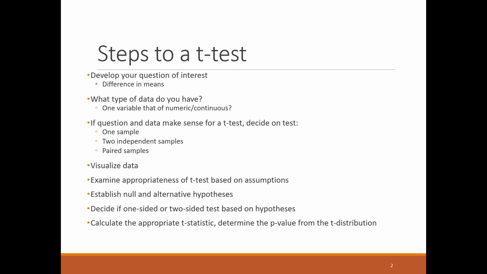From there, we calculate the appropriate t-statistic, and that will differ depending on if it's a one sample, two independent sample, or paired sample test. From the t-statistic, we will determine the p-value based on the t-distribution, given the appropriate degrees of freedom. And based on the p-value, we will interpret the results in the context of the question and the hypotheses, the null and alternative hypotheses that we established.